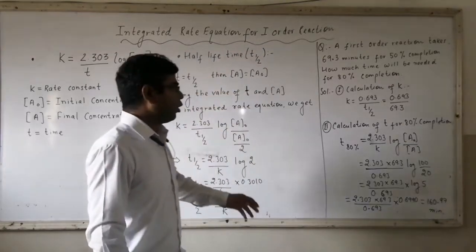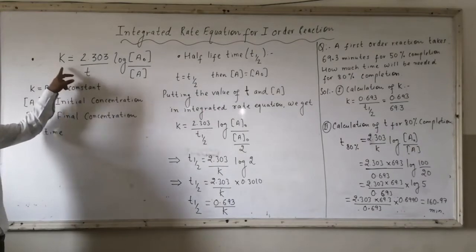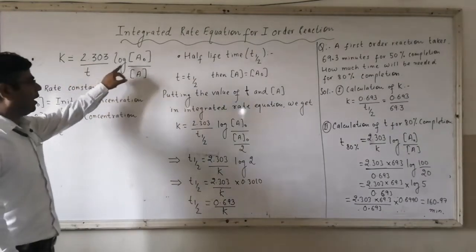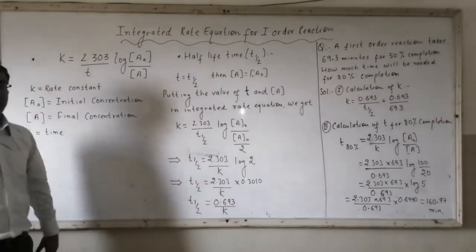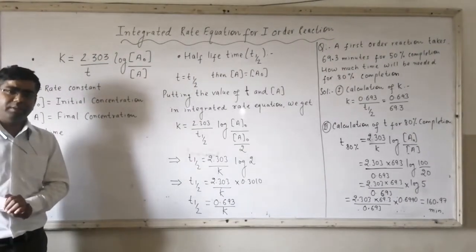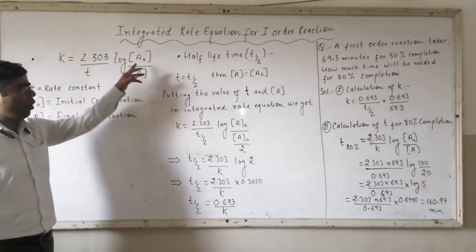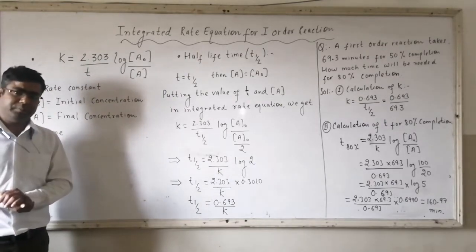So here is your integrated rate equation, which can be written as k equals 2.303 by t log of A naught by A. What is k? k is the rate constant for the first order reaction. A naught is the initial concentration.